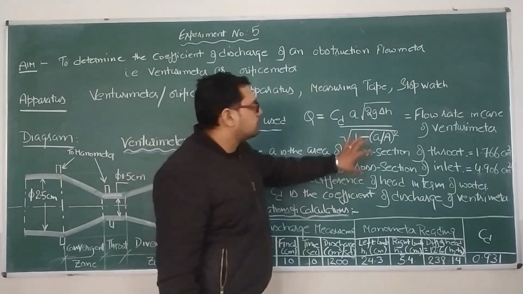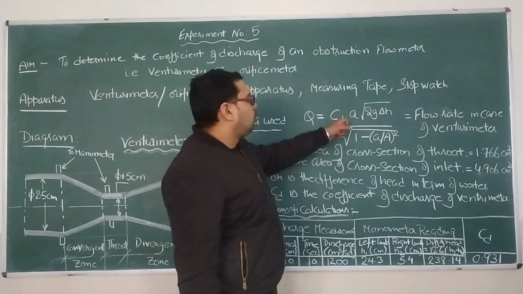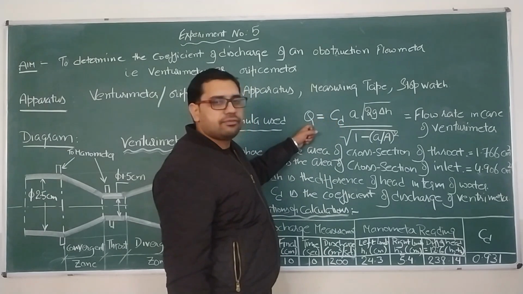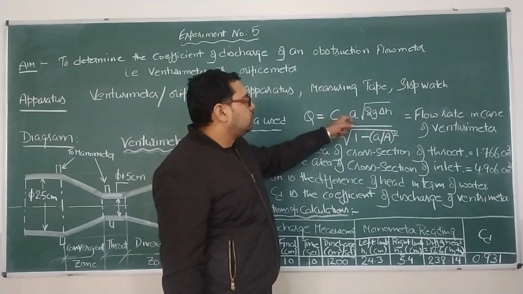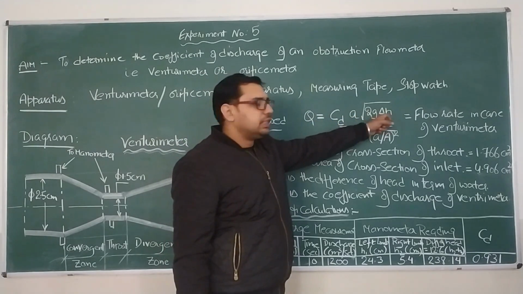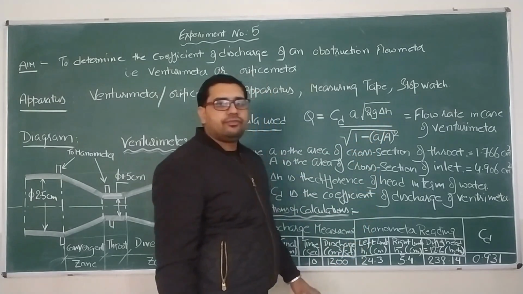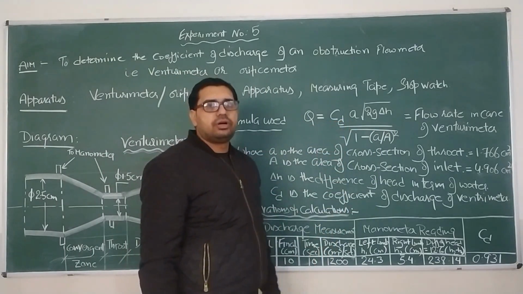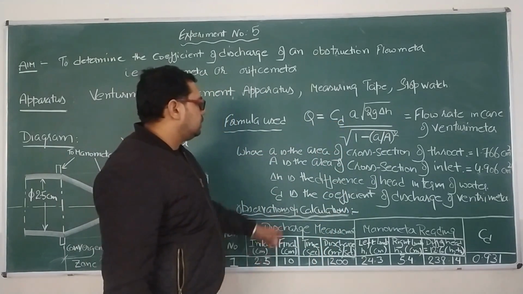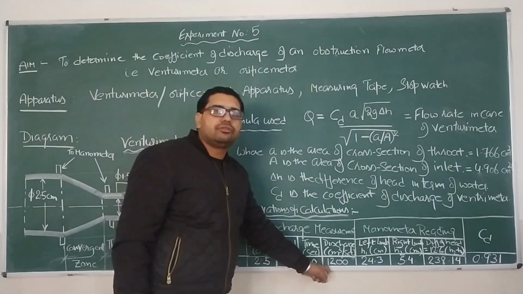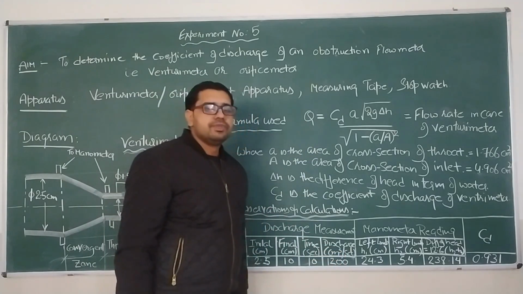For the calculation of CD, you need the value of Q, small a, g, and delta H. If you substitute all these values in this formula, you can calculate your CD. We have calculated Q, which comes out to be 1200 centimeter cube per second.